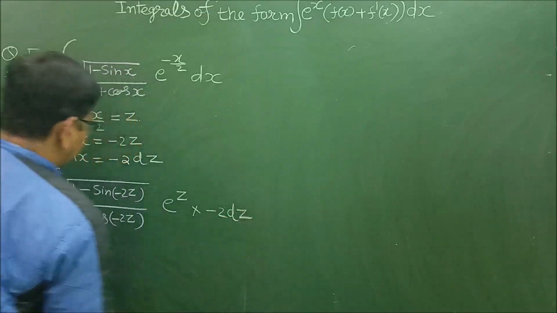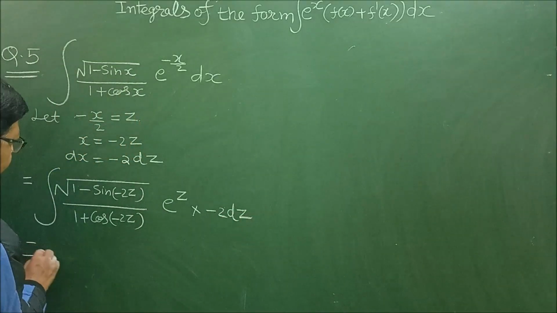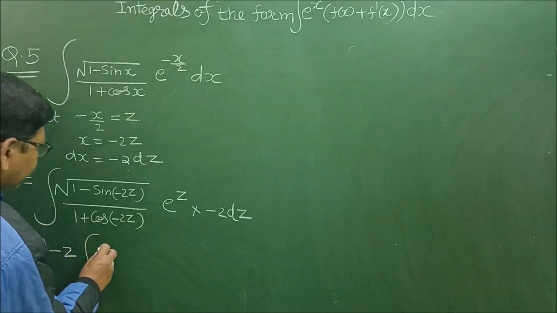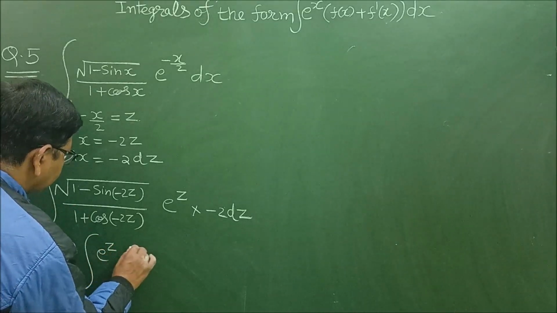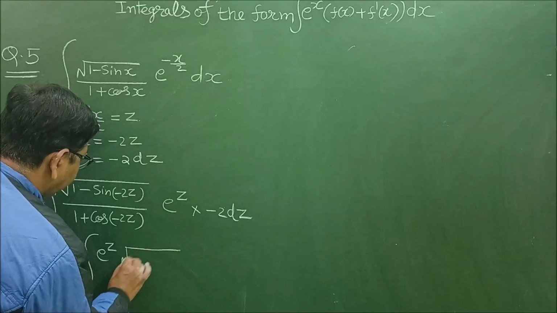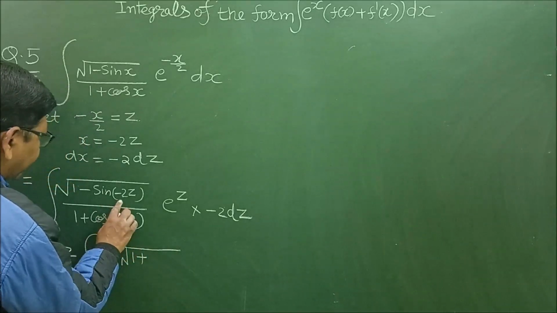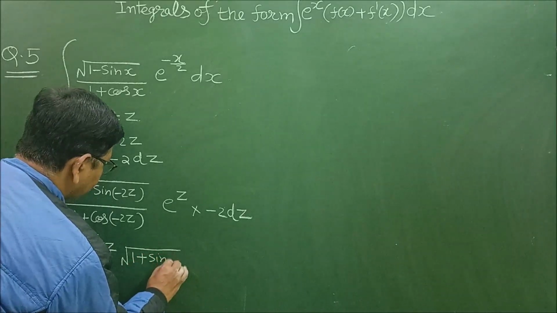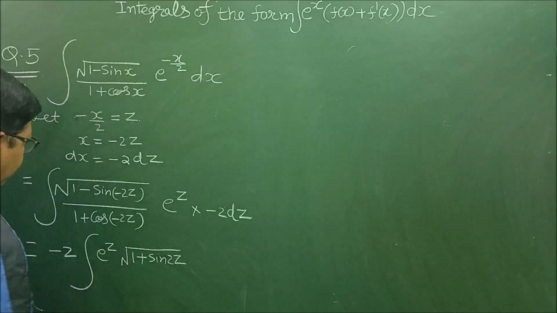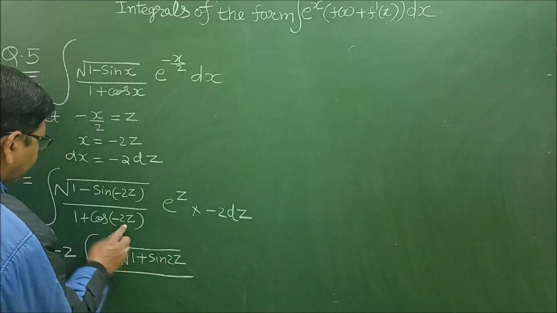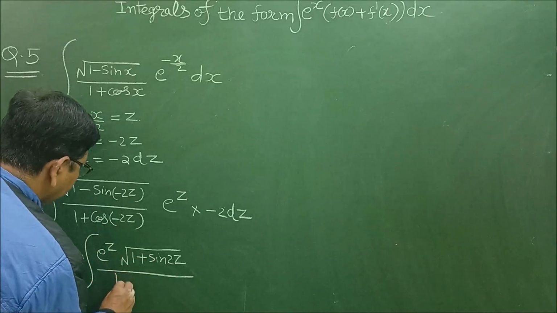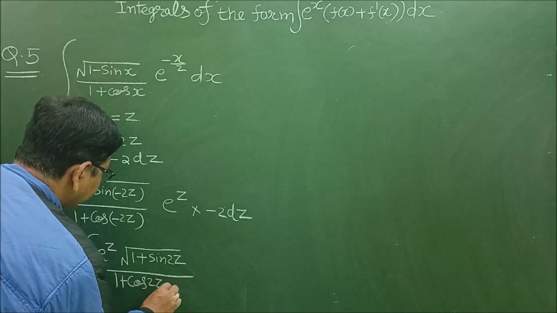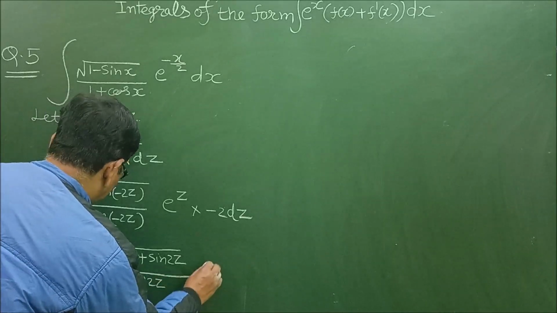So this integral now can be written as minus 2 outside, e raised to the power z, under square root of 1, and sine of minus theta is minus sine theta, so it becomes 1 plus sine 2z upon cos of minus theta is cos theta, so 1 plus cos 2z, and dz.